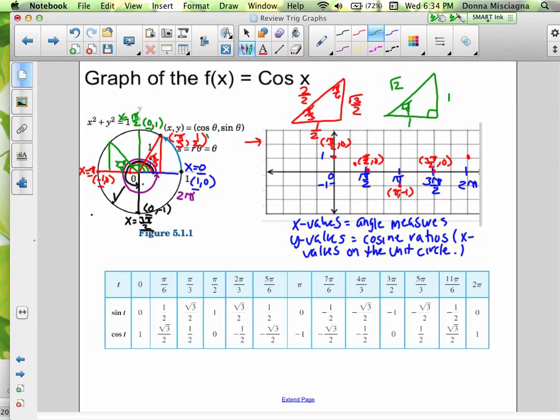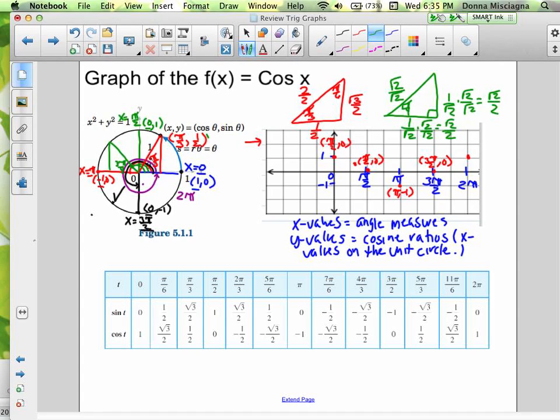So it's going to be 1, 1, square root of 2. Oh, but remember, I'm going to have to divide by the square root of 2 because our radius is limited to 1. And we better rationalize. So now we have this point here, square root of 2 over 2.